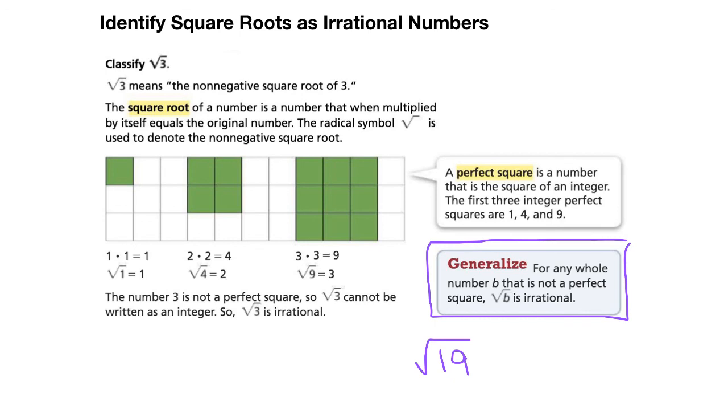And if we put the square root of 19 in our calculator, we get a decimal. We get something that's about 4.3589. And since we get a decimal, we would state that it is irrational.